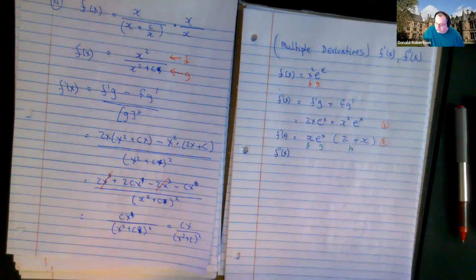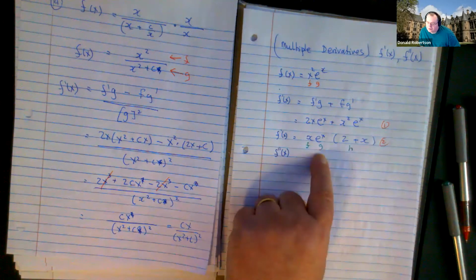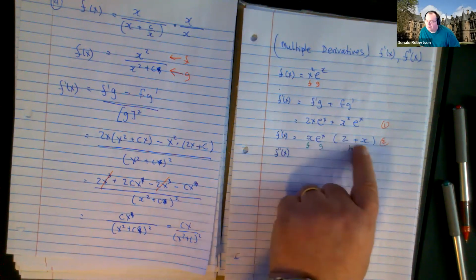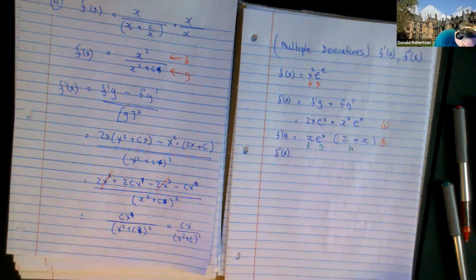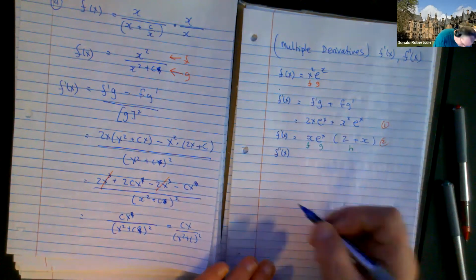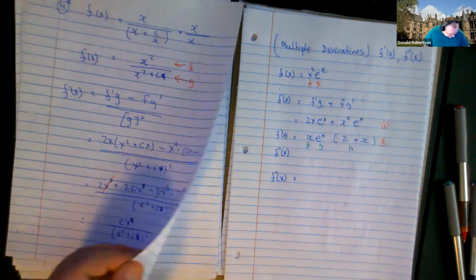This function is essentially made up of 3 things multiplied together, right? An x, that's the first thing. An e to the x is the second thing. And this 2 plus x is the third thing. I'll have to take a little bit of room here. We know the rule for the product rule. Here it is here.